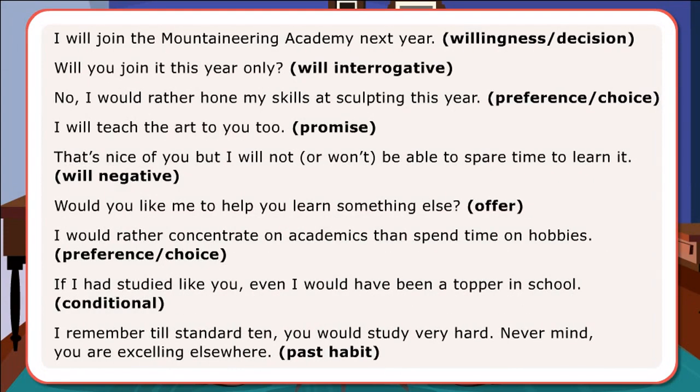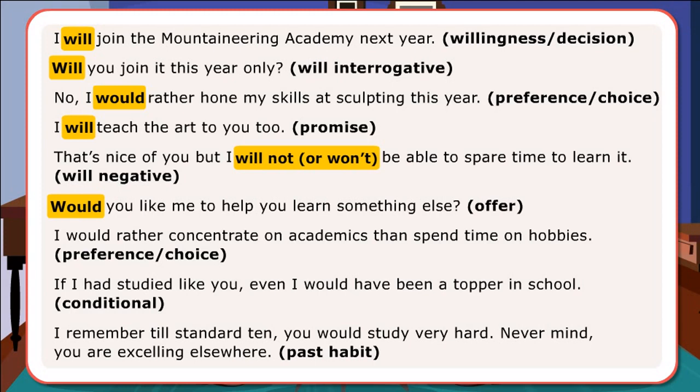The dialogues between Rohit and Mihir use modal verbs will and would. Here are some examples of sentences. I will join the Mountaineering Academy next year. Will you join it this year only? No, I would rather hone my skills at sculpting this year. I will teach the art to you too. That's nice of you, but I will not or won't be able to spare time to learn it.